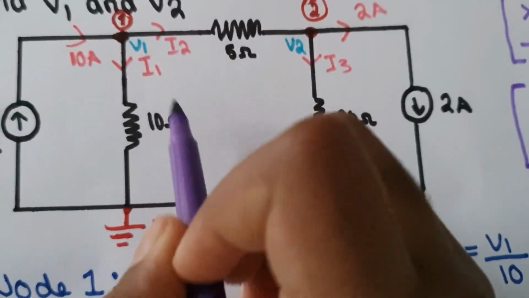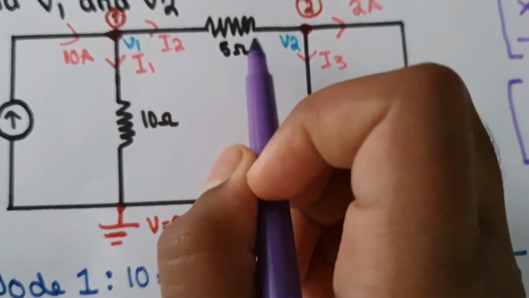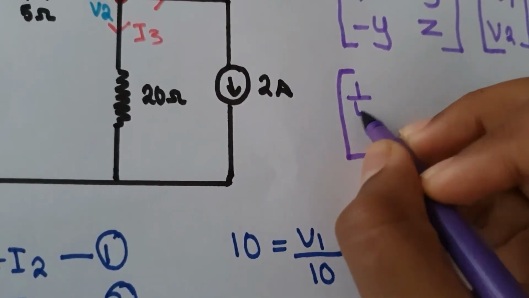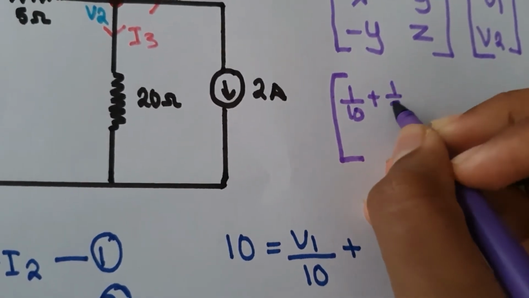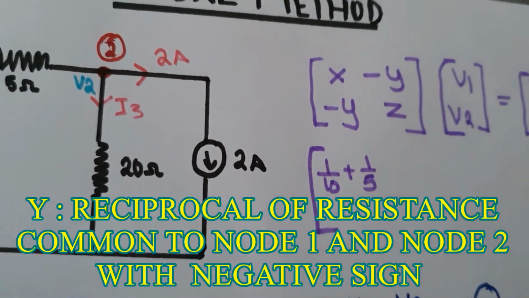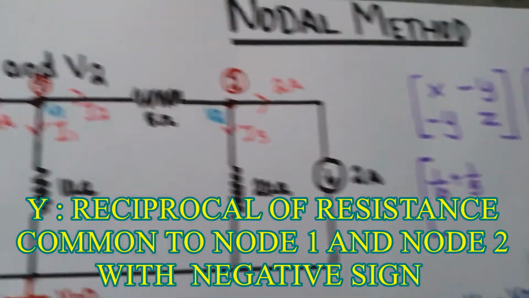In node 1 there are only 2 resistances, that's 10 and 5. So the sum of their reciprocals will be 1 by 10 plus 1 by 5. Then y is the resistance that's common to node 1 and node 2.